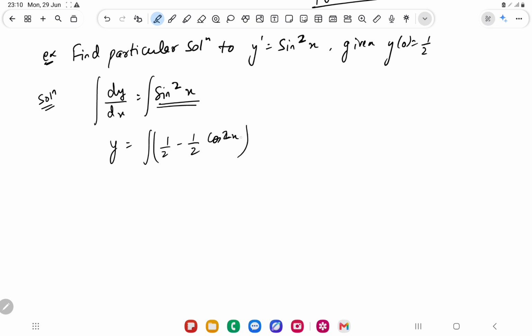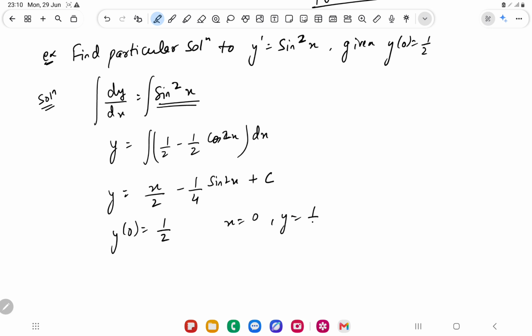You can see the cos 2x identity. From your formula booklet, you will see this. Now I can easily integrate. So the first one will become x by 2 and the second one, cos integration is sine, so it becomes minus 1 by 4 sine 2x plus c. Now what is given to me is y(0) equals to half. It means my x is 0, so my y value is half. So I will substitute.